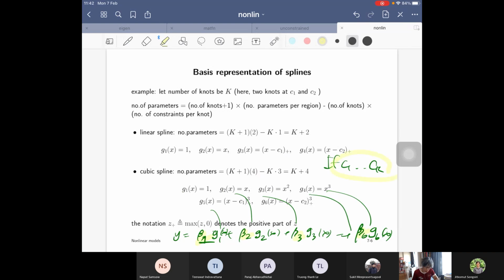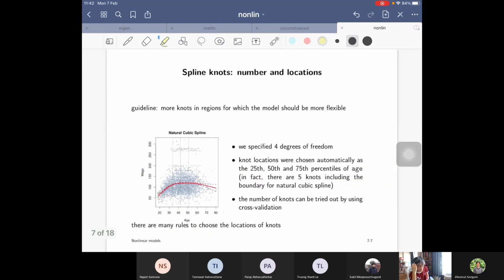And that's when the knots C1 to CK are given. But the question is more about how you can design those breakpoints: how many breakpoints and where they are.